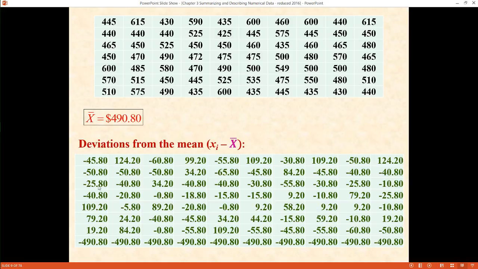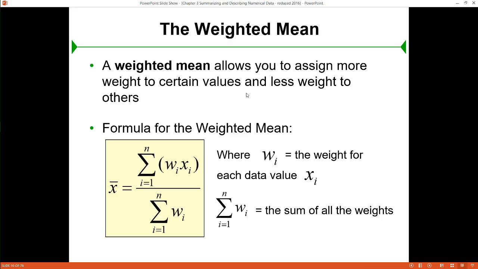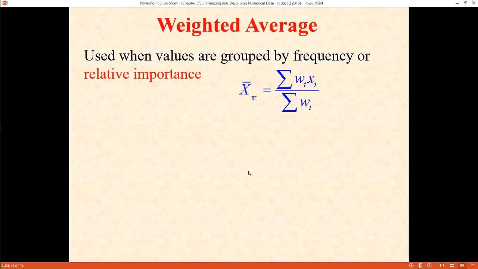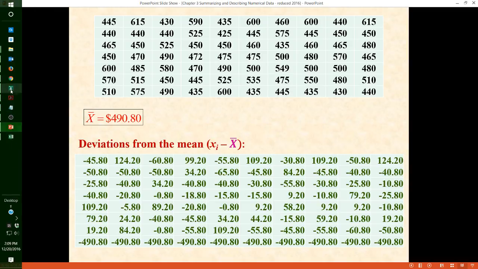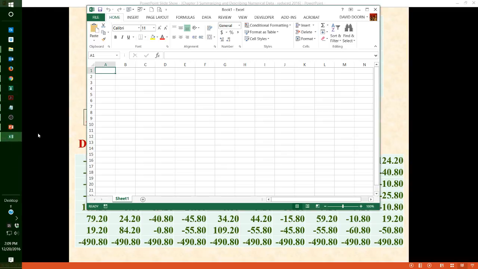So I just did this. Somewhere I'm going to have you do it in Excel. Why don't we do it now? Oh, shoot, I forgot about the weighted average. So here I have the average. Calculated all the deviations from the mean. Let's do that with the apartment rents data.